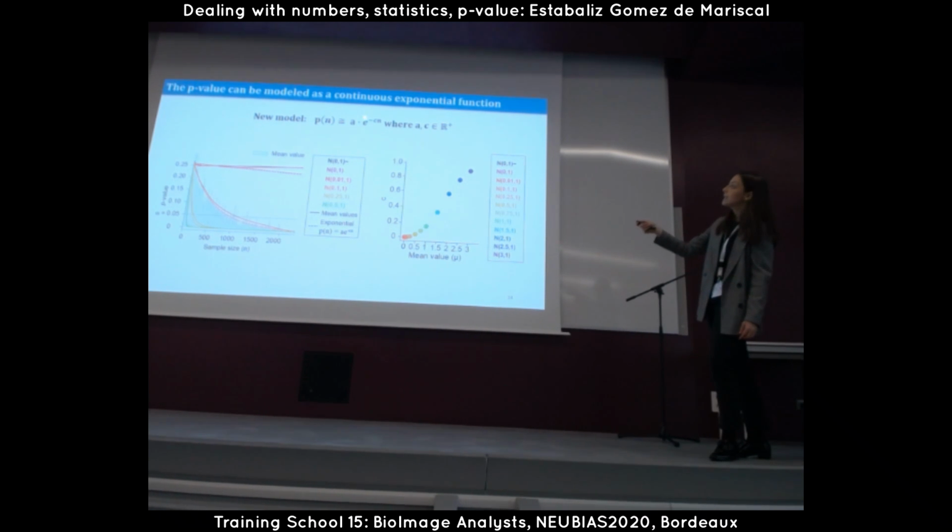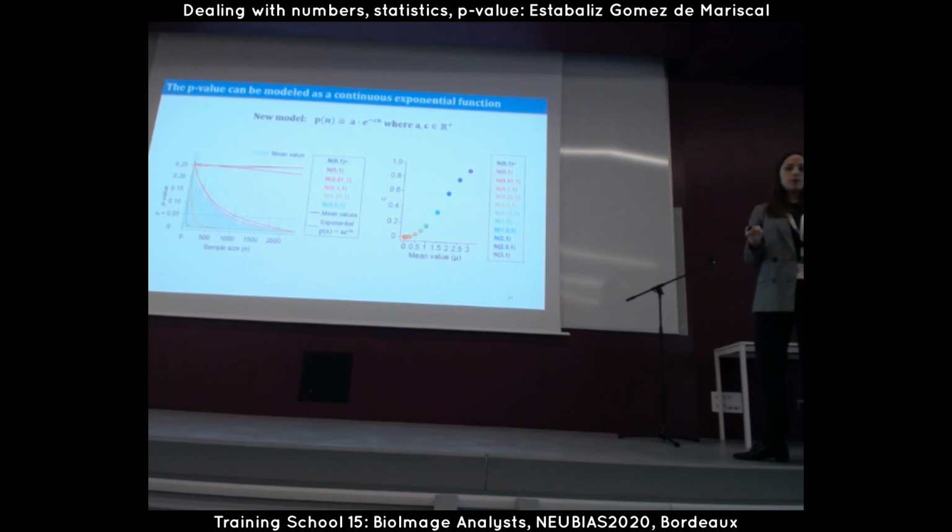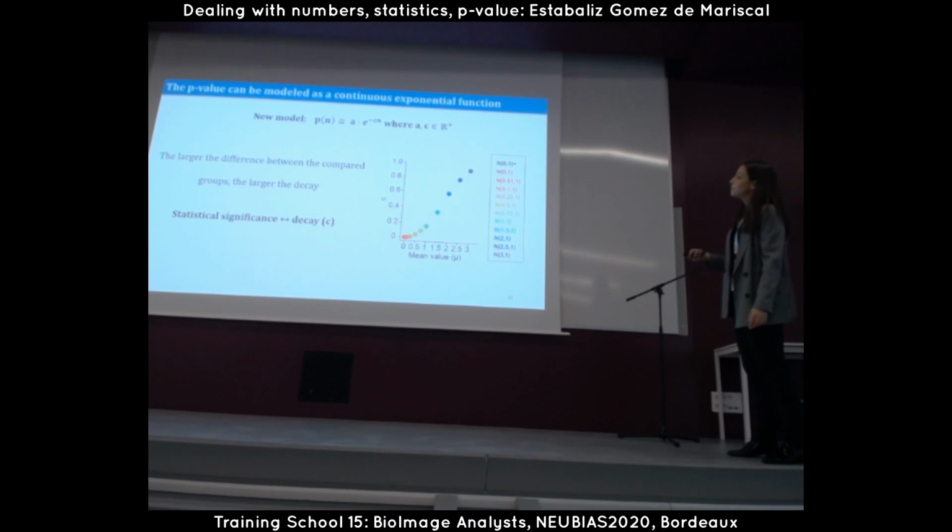So actually, this parameter tells us the decay of the exponential function. We can see that the larger the difference from our distribution, the larger the decay. So we start to see how to characterize the data with some kind of fixed parameters, okay?